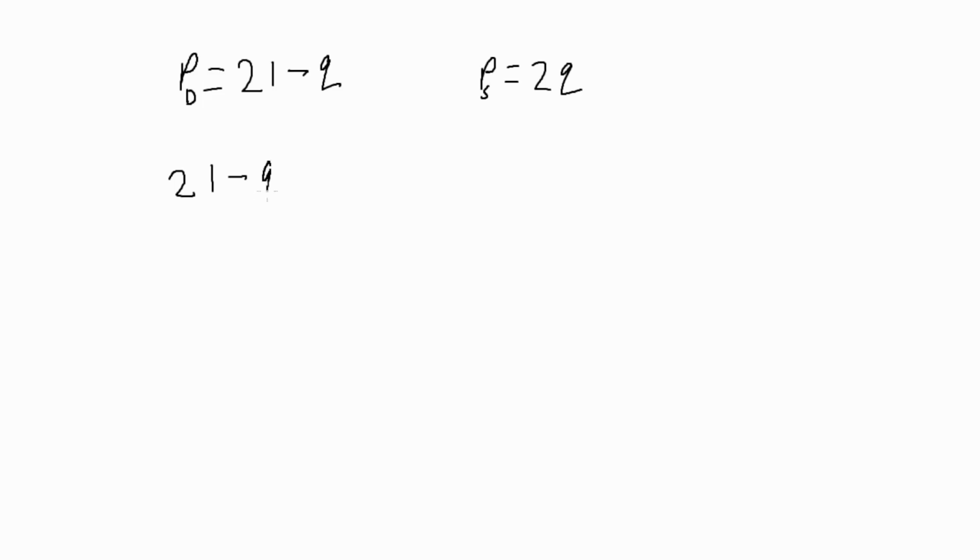21 minus q is equal to 2q. So then we'll have 21 equals 3q, and q is equal to 7. So we know at market equilibrium the quantity will be 7 units of this arbitrary good.